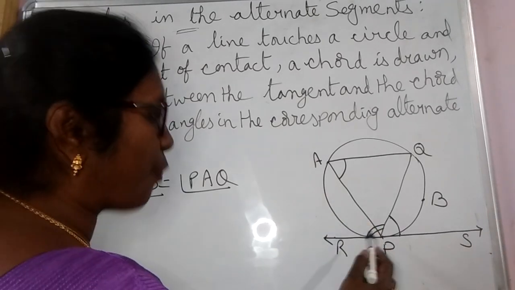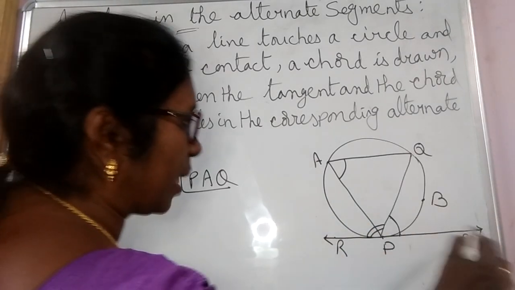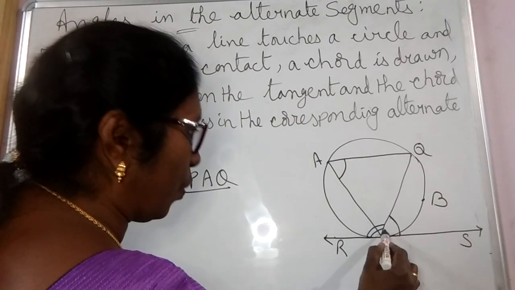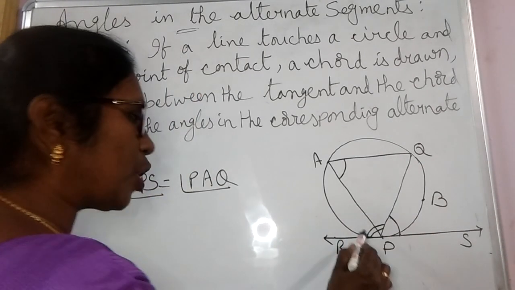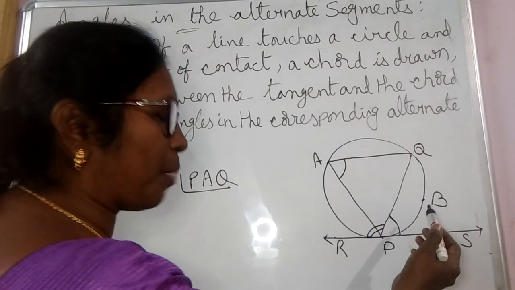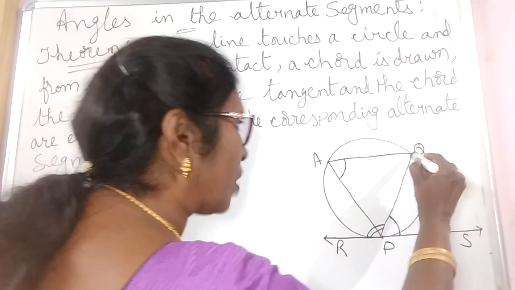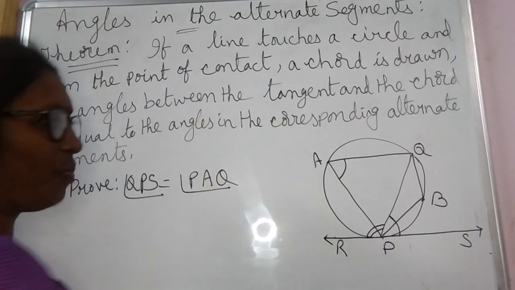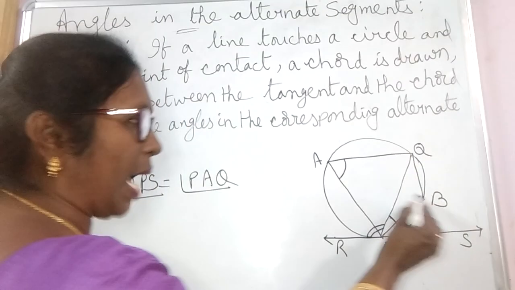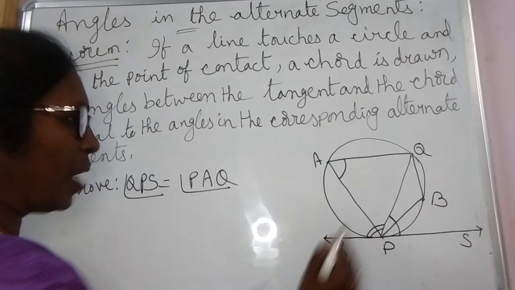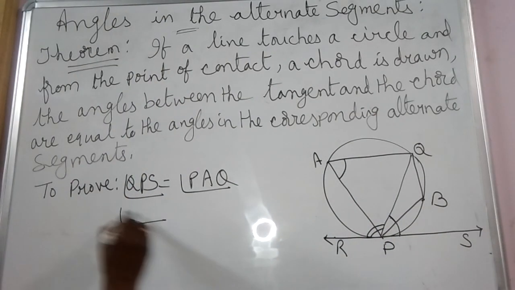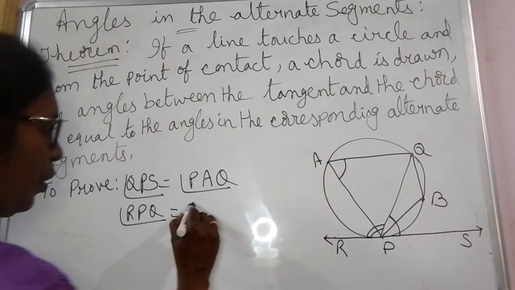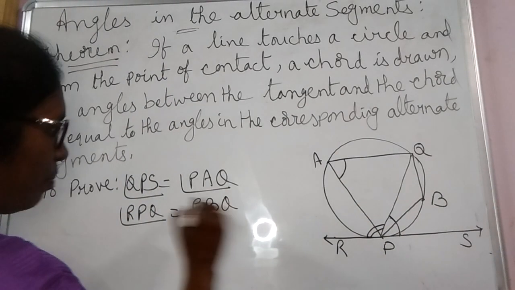And one more angle formed by the chord and the tangent is angle RPQ. This angle is also equal to the angle in the alternate segment. So let us join BQ and also PB. Angle PBQ is the angle in the other segment. So angle RPQ is also equal to angle PBQ. That is the theorem given.